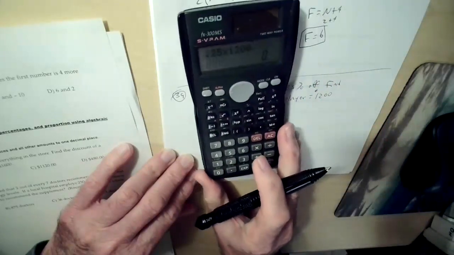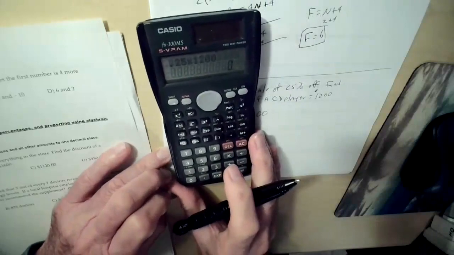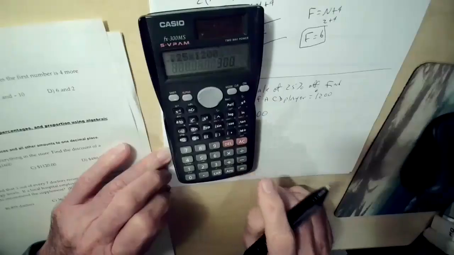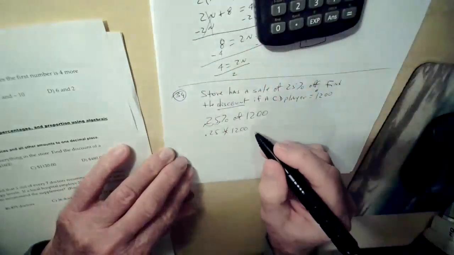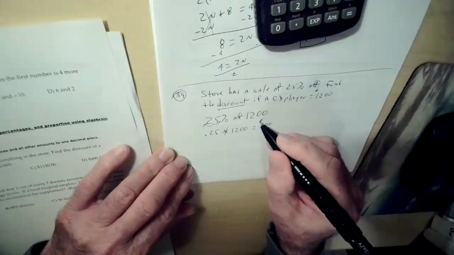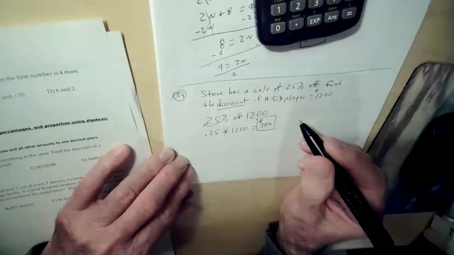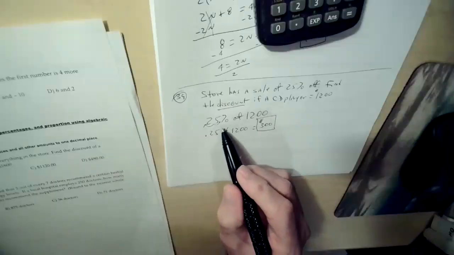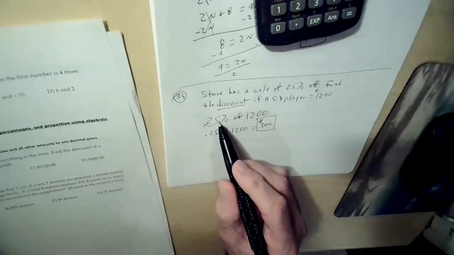times 1,200. I think that is, what's it, 300? Something like that. So 0.25 times, is that right? Yeah, 300.